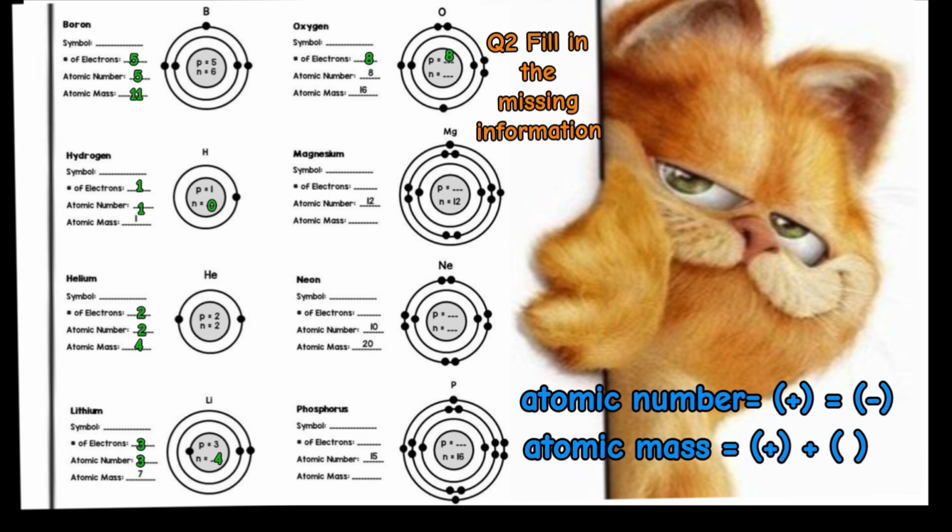And we see here that atomic mass is 16, so the number of neutrons is 16 minus 8 equal to 8. The next atom is magnesium. The number of electrons is 12, and the atomic mass is the number of protons and neutrons, equal to 12 plus 12 equal to 24.